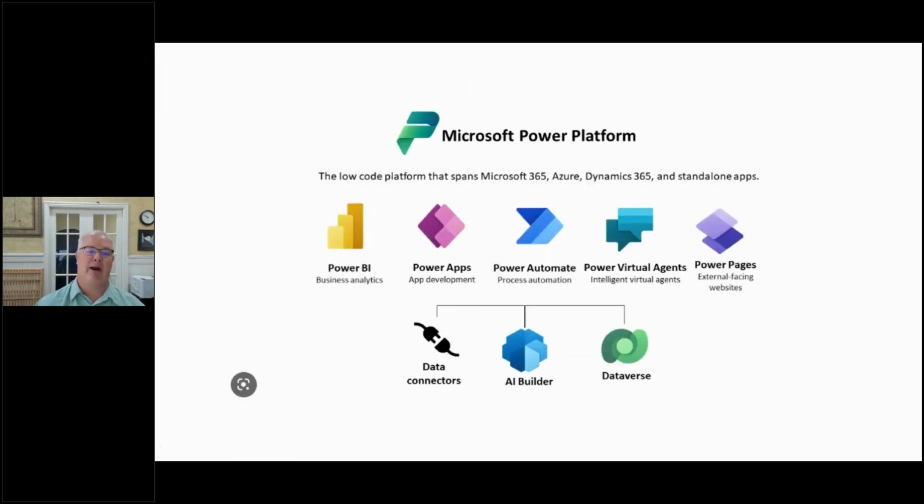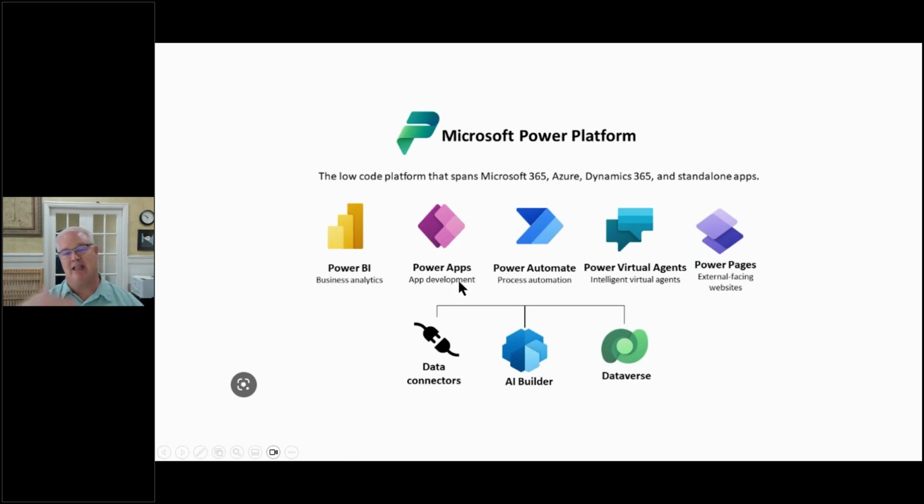So this is what Power Platform looks like today, and this has changed recently. We now have the addition of Power Pages, which wasn't actually a product until just this year. It is still in beta. I'm going to talk about it in a very small sense because it's so new, but we will explain what that is. But now we have Power BI, that's for your business analytics, data processing.